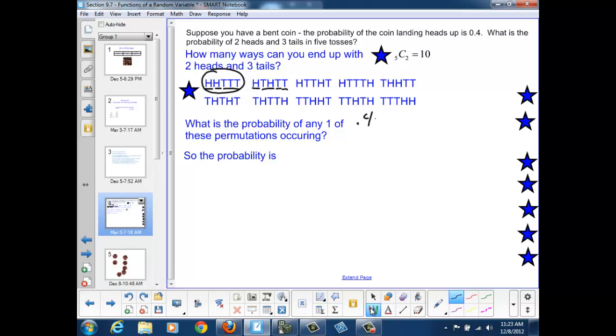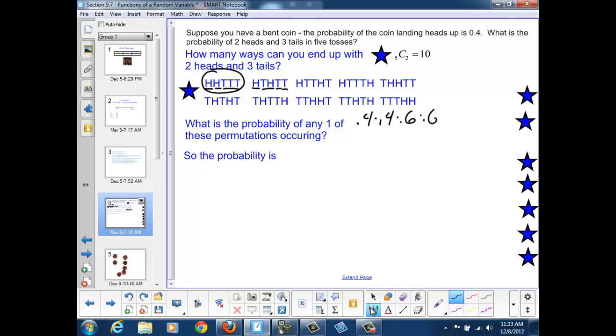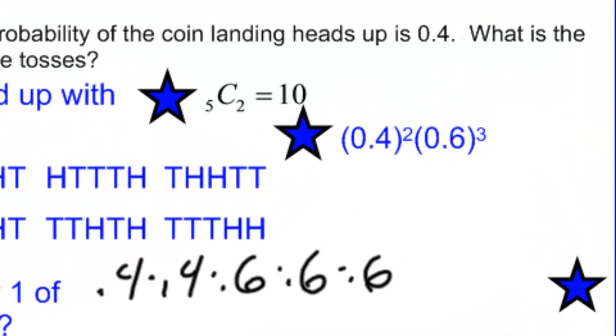So the first throw and the second throw are heads, and the 3rd throw is a tail, so the probability there is 0.6, and that would occur for the 4th and the 5th throw. Notice how all of these things happen, and so I multiply. And if you look at all these other possible outcomes, those same 5 numbers will occur in each scenario. So the probability for one of these outcomes to occur would be 0.4 squared times 0.6 cubed.